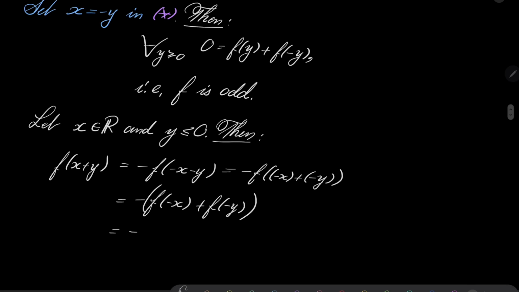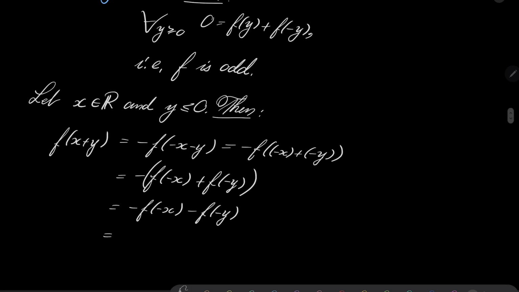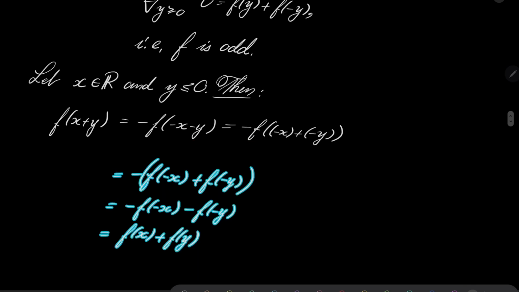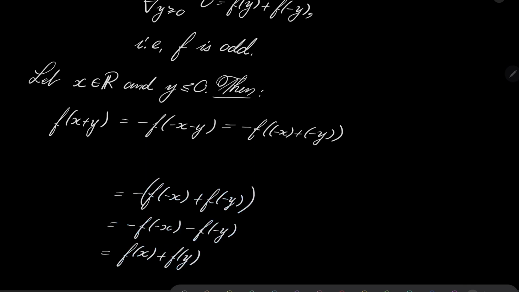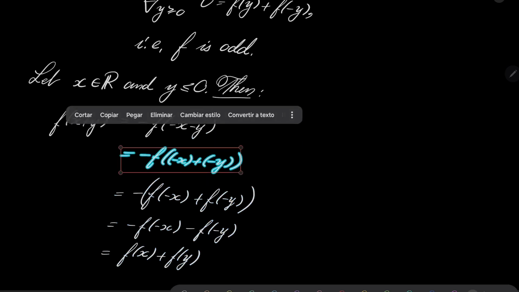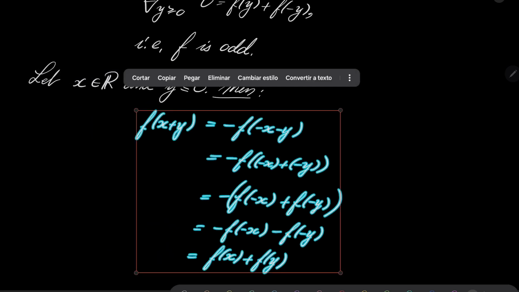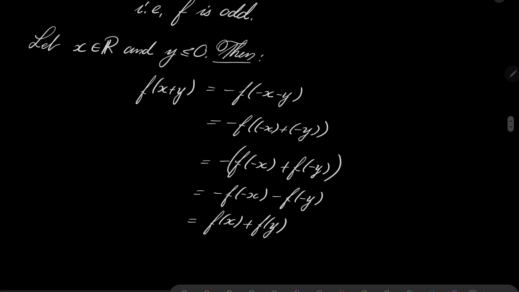Alright, so we have minus f of minus x minus f of minus y, which is, using the fact that our function is odd, f of x plus f of y. Which means that our equation holds not only for non-negative y, but for any y. Let's write it.